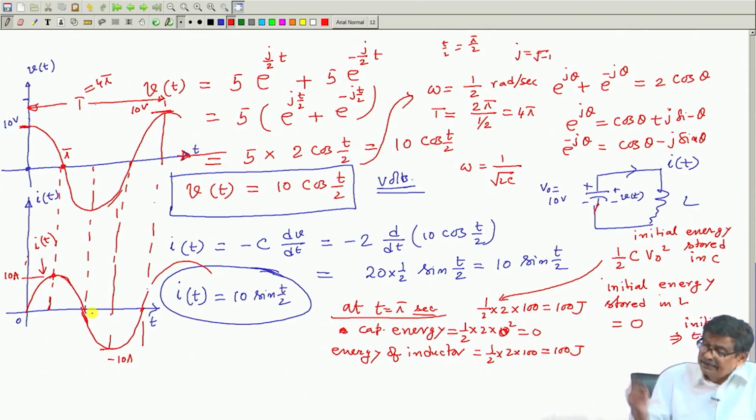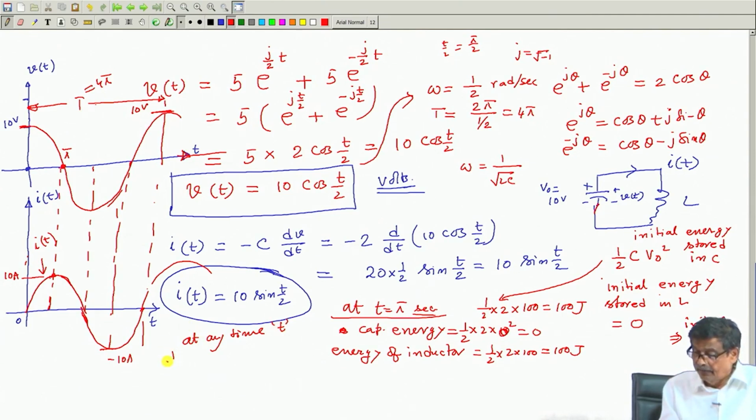What about at any time t? At any time t, the energy stored in the inductor is half L I square, and the energy stored in the capacitor is half C V square. L and C are 2, so this is equal to I square plus V square for this problem, C equal to 2, L equal to 2.